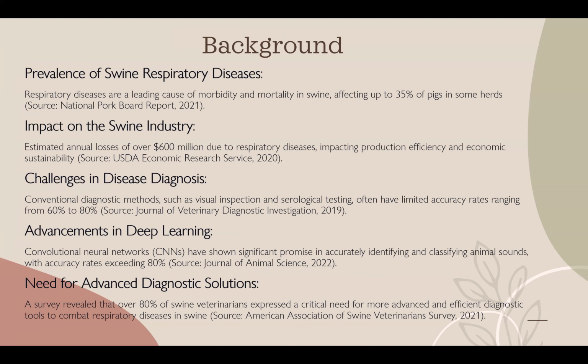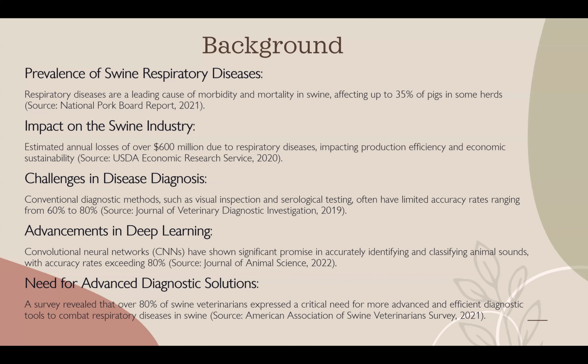Moving on to the background, respiratory diseases in the swine industry have a major impact, affecting 35% of the pigs in swine herds with an annual economic loss of over $600 million. As discussed in the earlier introduction, there are challenges while diagnosing the diseases. Conventional diagnosis methods such as visual inspection and serological testing are limited in accuracy, with rates ranging from about 60 to 80%.